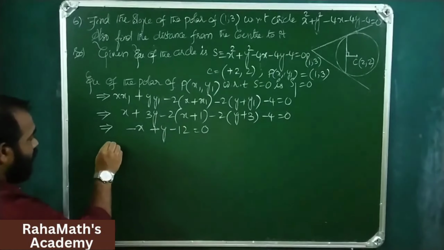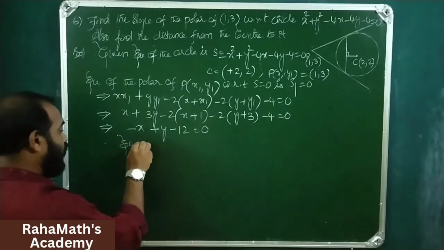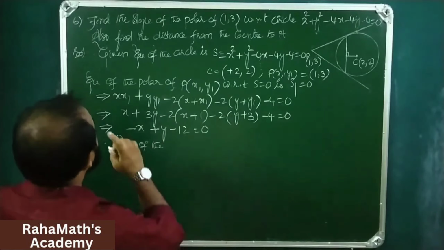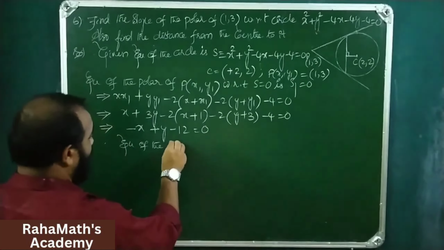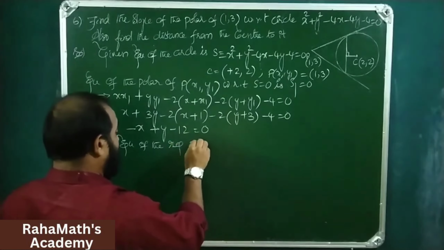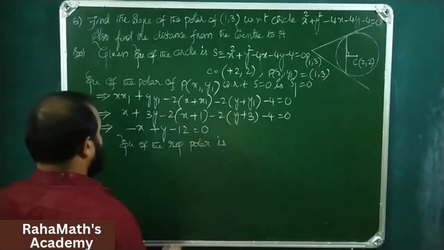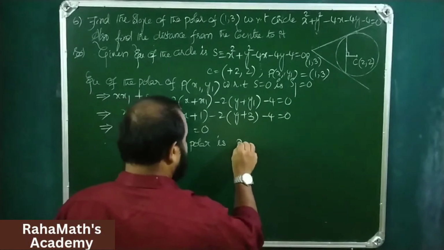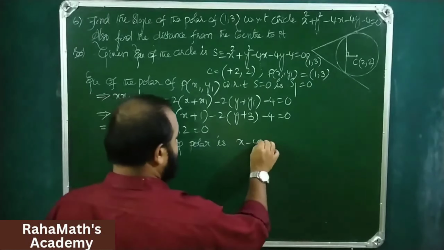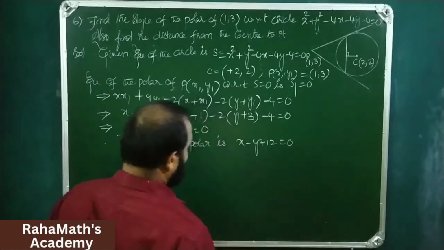So therefore the equation of the required polar is, taking minus as common, x minus y plus 12 equals 0.